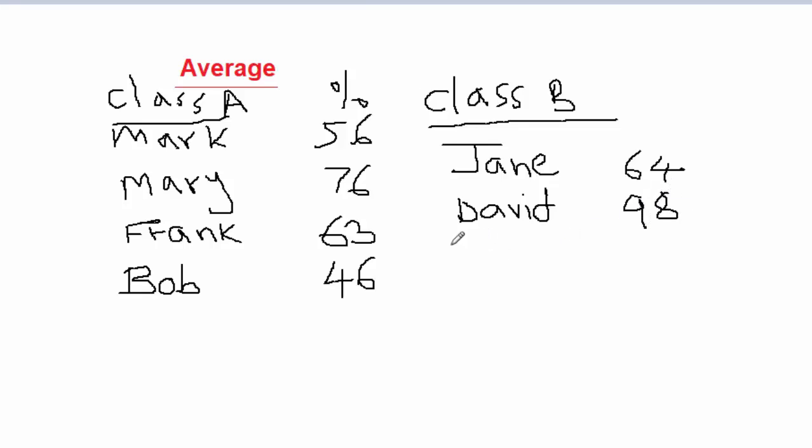And another student here, Clinton scored 59. And finally, we have Jennifer, a student in class B. Jennifer scored 36.